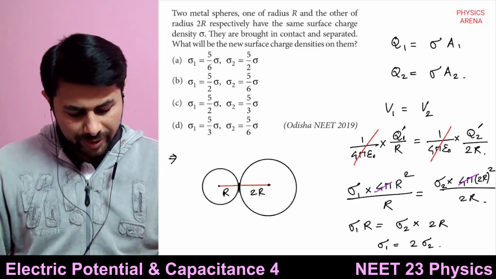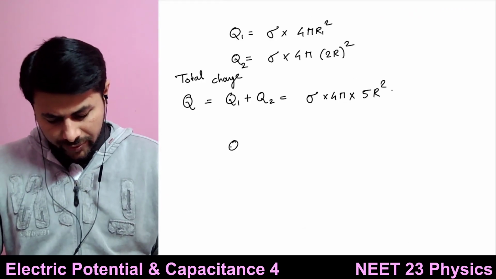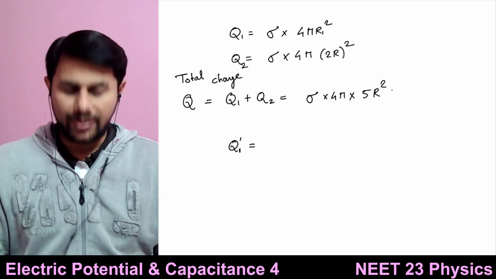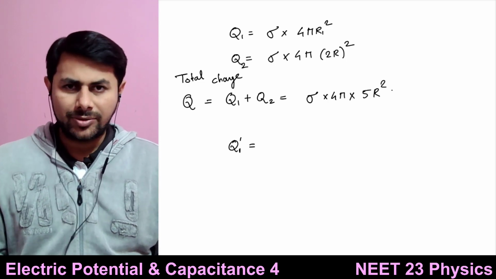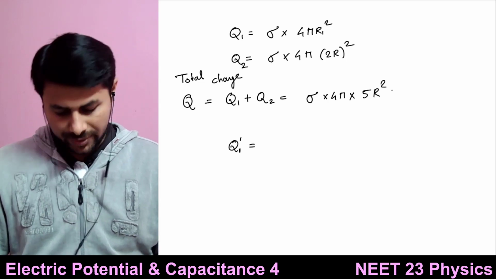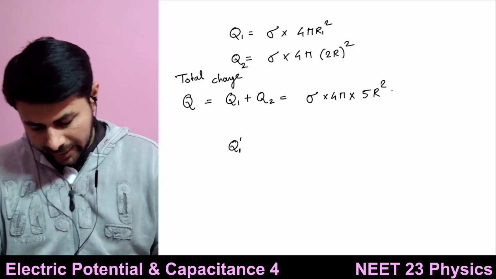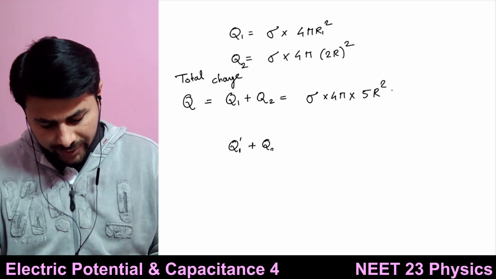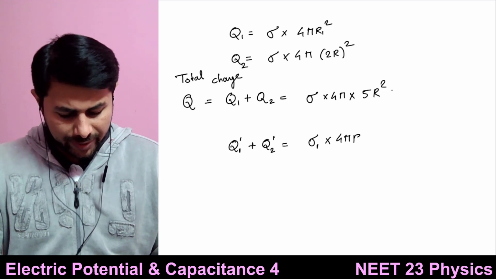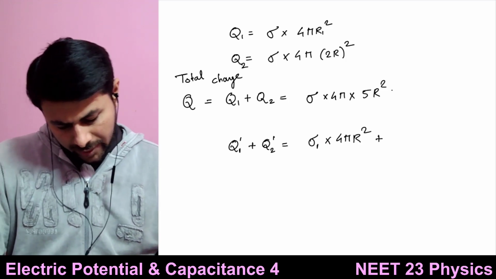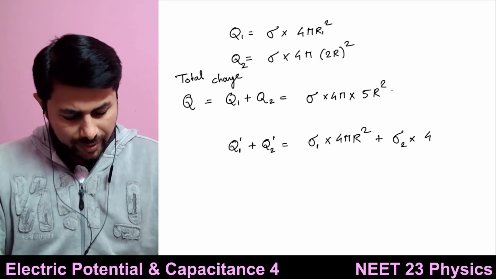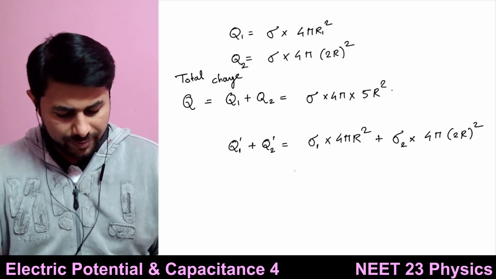Q1 dash is equal to sigma 1 multiplied by 4 pi r1 square, and Q2 dash is sigma 2 multiplied by 4 pi r2 square. So Q1 dash plus Q2 dash is equal to sigma 1 multiplied by 4 pi r square plus sigma 2 multiplied by 4 pi multiplied by 2r square.